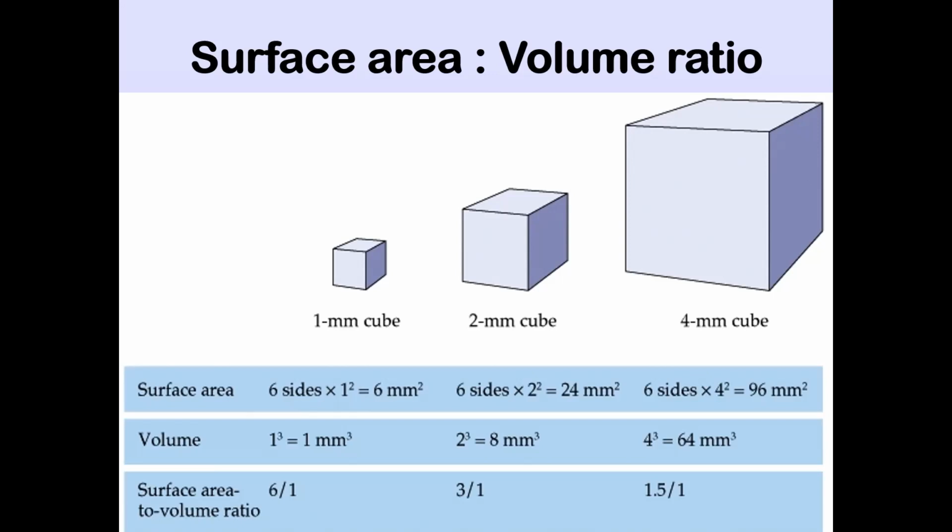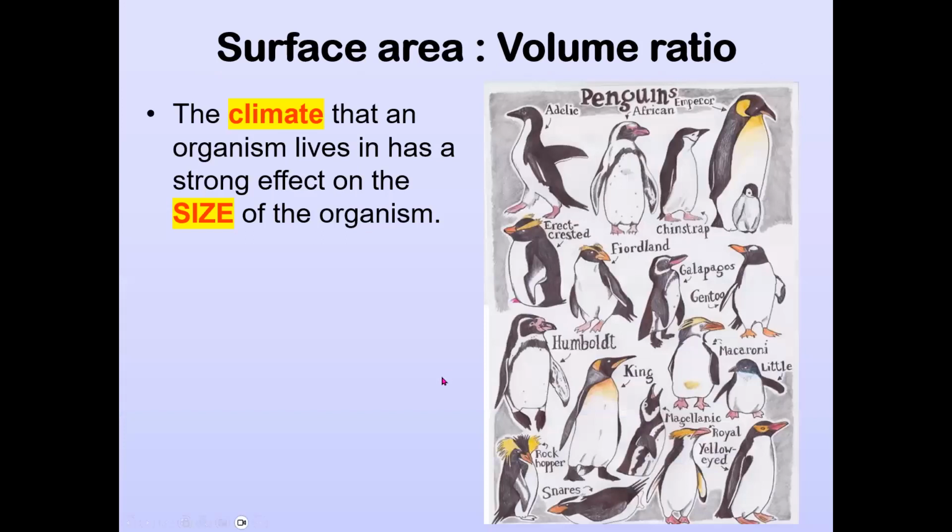Does that make sense to everybody? Yeah, okay. So the surface area to volume ratio in the climate that an animal is in is very important. So the climate affects the size of the organism.